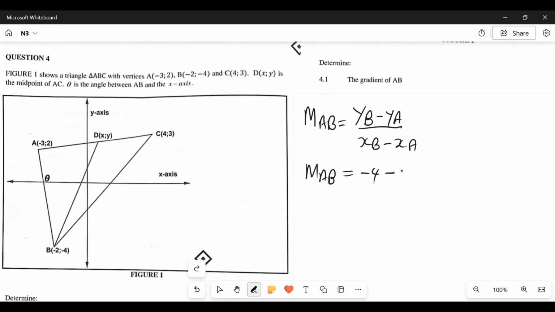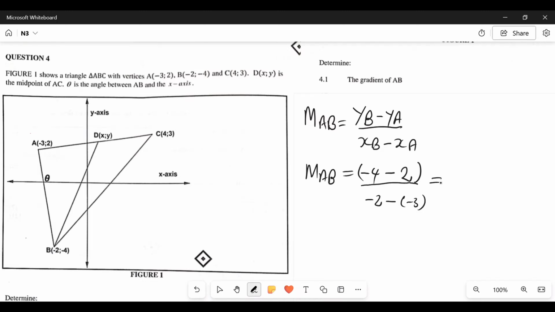So we know that this is going to be +2. Let us not forget we have negative there, right? And then xB is the x coordinate at point B, which is going to be -2. So it's going to be -2 there, minus xA. xA is the x coordinate here on the A point. So that's going to be -3 there.